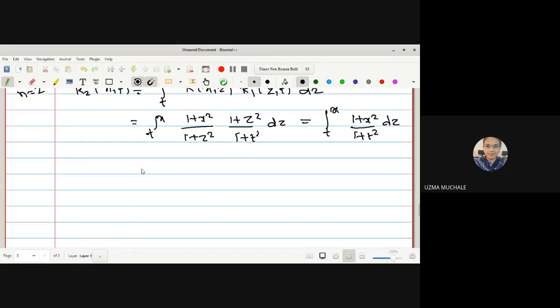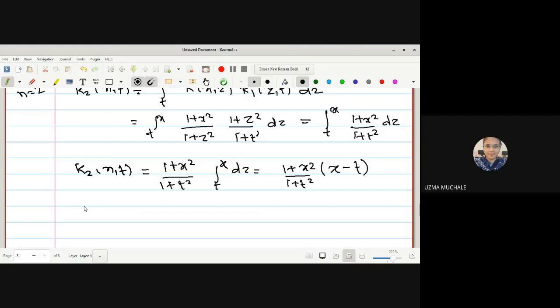Now both are independent of our integration. We can take it outside. x and t both are independent of integration. Integration of dz is z. Let me write down directly the formula after this one, it will be x minus t. That is nothing but your k2 of xt. Similarly, find your k3 and tell me what is the value of k3.